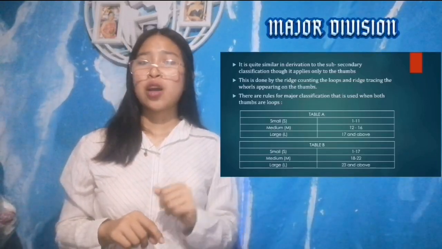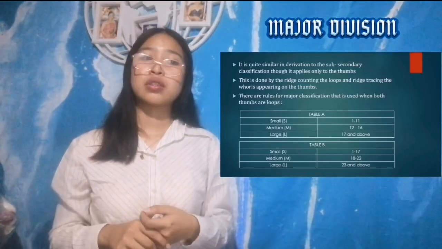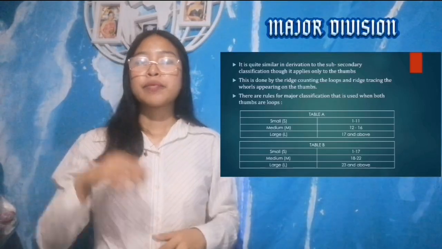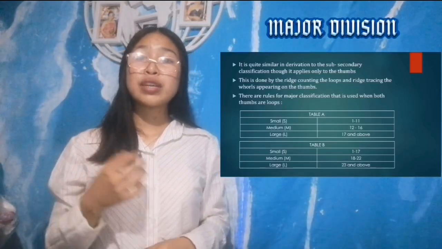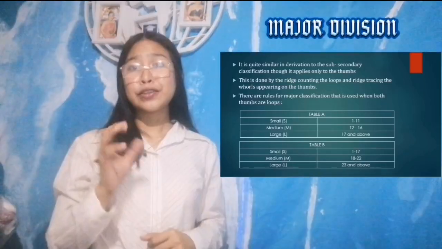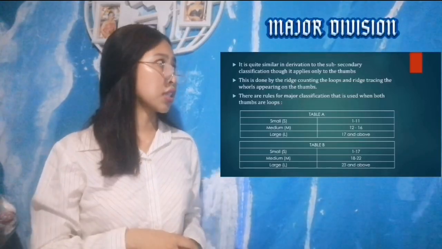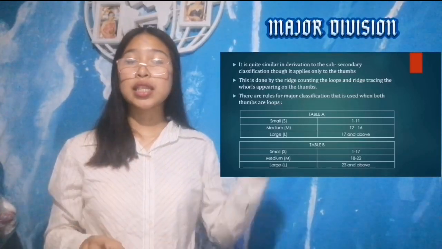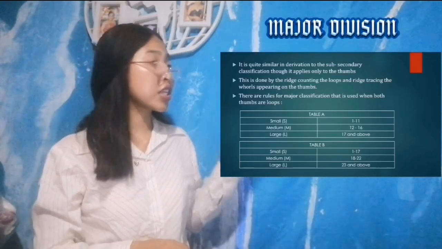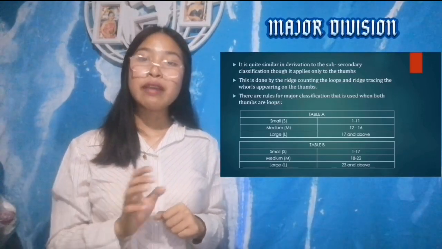Whether table A or table B is used depends on the ridge count of your left thumb. If your left thumb has a 1 to 16 ridge count, you will use table A. And when your right thumb has 17 or more ridge count, you will use table B.